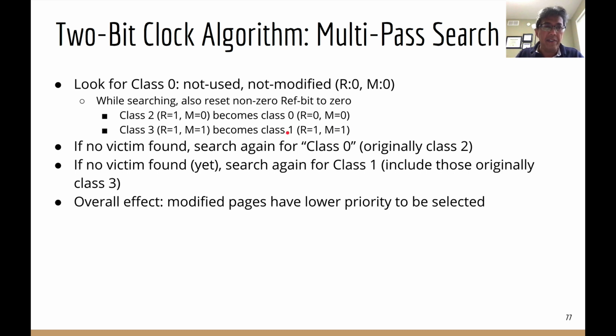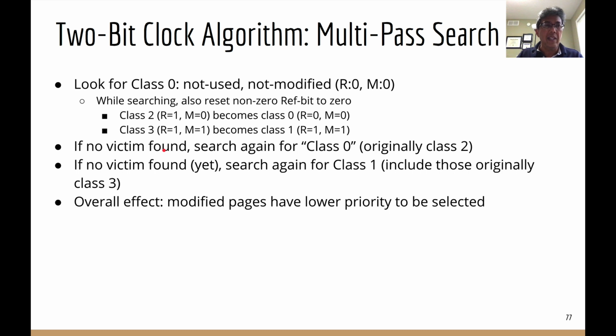If after the first pass it couldn't find a page of class 0, it will repeat the search for class 0, but this time hopefully pages of class 2 have turned into pages of type 0, so the second pass will successfully find a victim page.